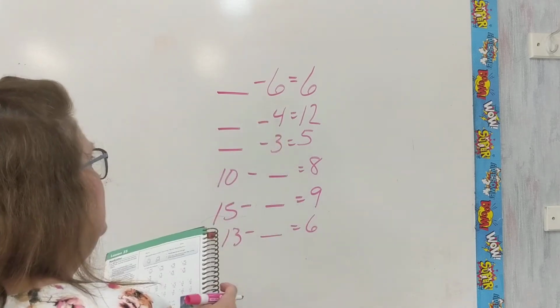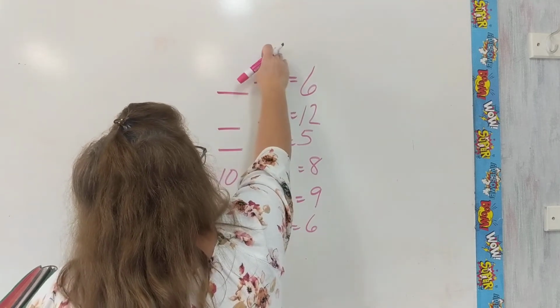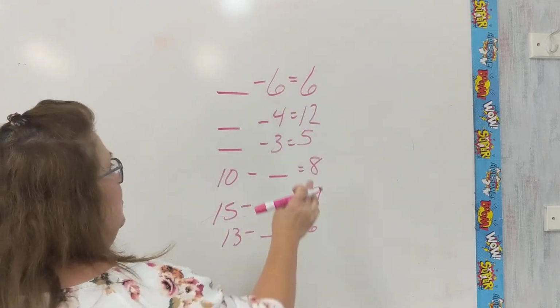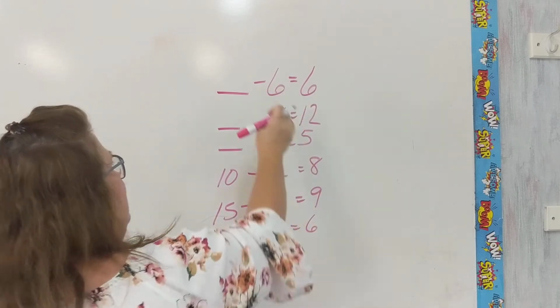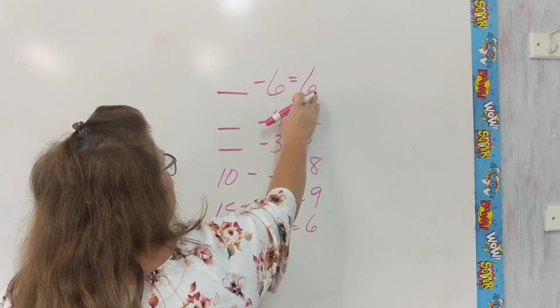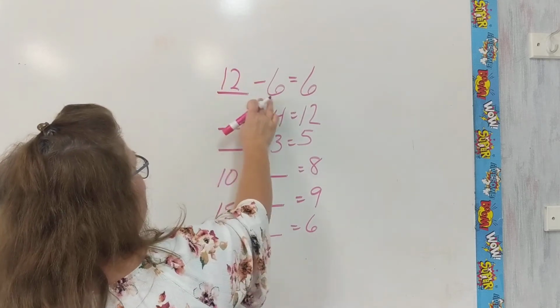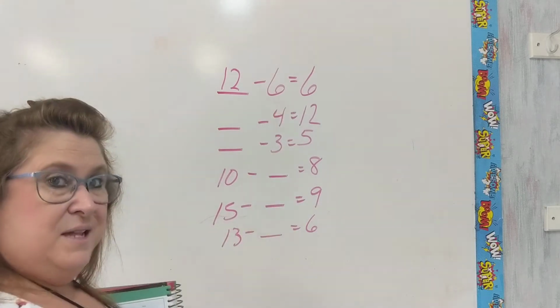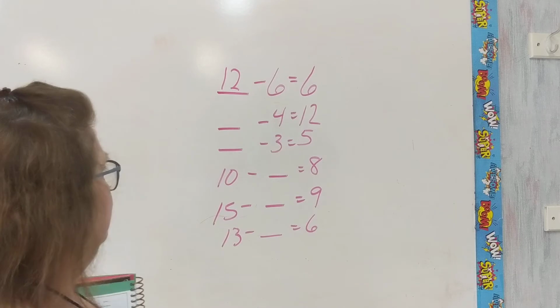Okay, so on the first three, we're missing our minuend. We have our subtrahend and we have our difference. So we can add our difference and subtrahend together, and that will give us our minuend. What's 6 plus 6? 6 plus 6 is 12, and 12 minus 6 is 6, okay? You got to think back to when you were doing combination dot cards, okay?